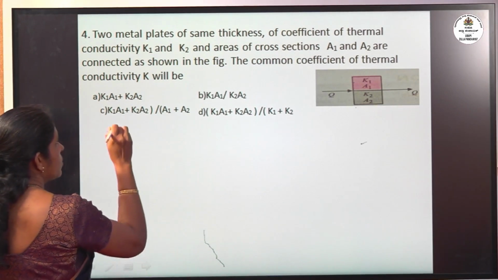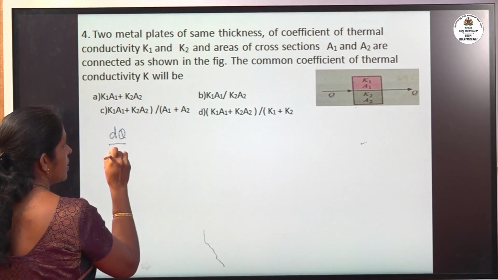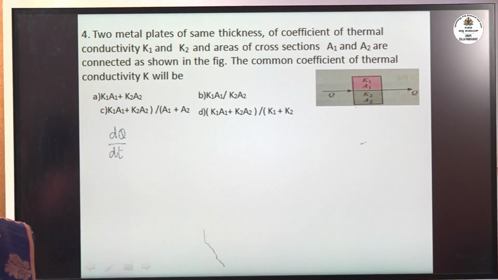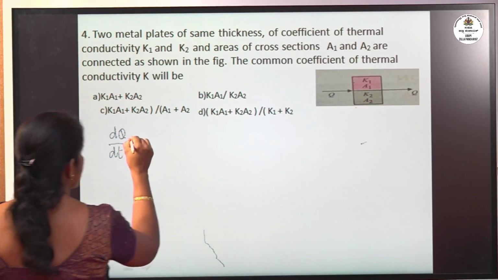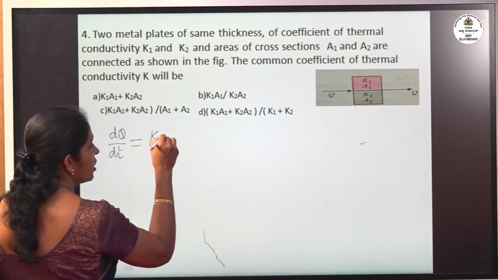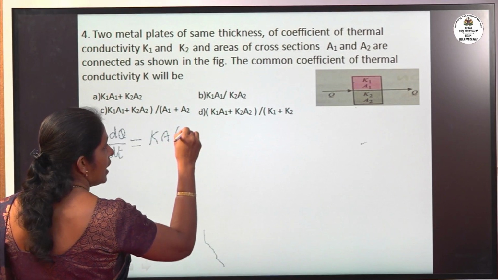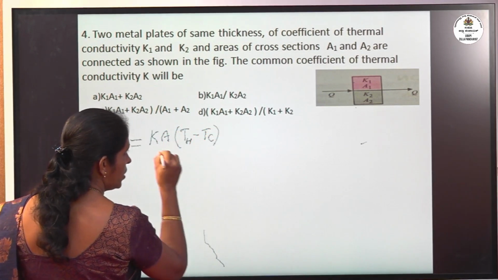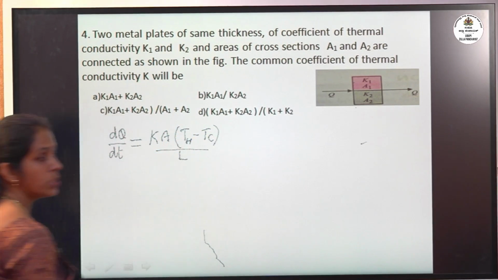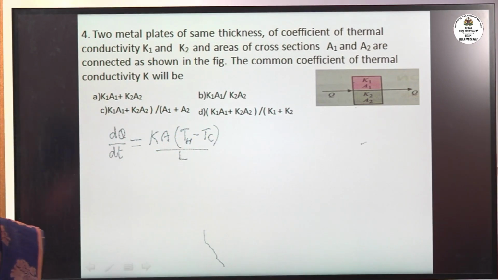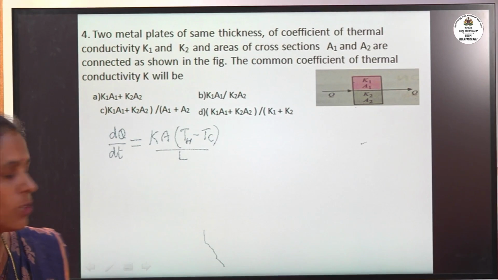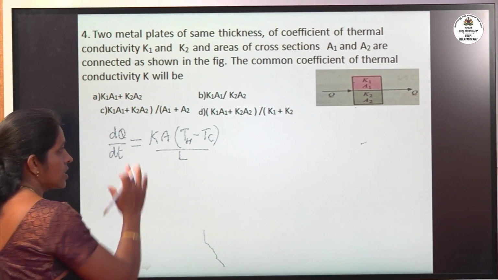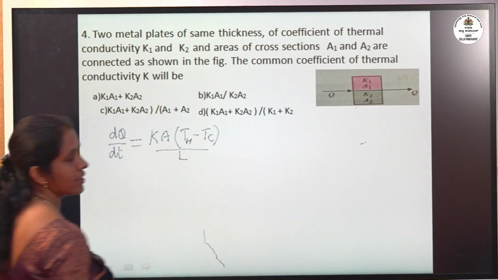So using the previous concept, the rate of flow of heat in conduction is directly proportional to area of cross section and directly proportional to temperature difference between hot end and cold end, and inversely proportional to distance between hot end and cold end, or dQ by dt is equal to KA into Th minus Tc by L. Using this equation we can solve this problem.